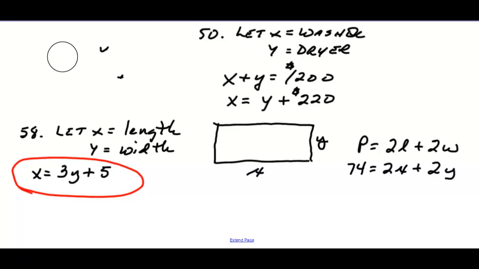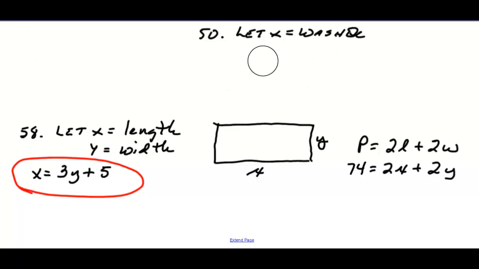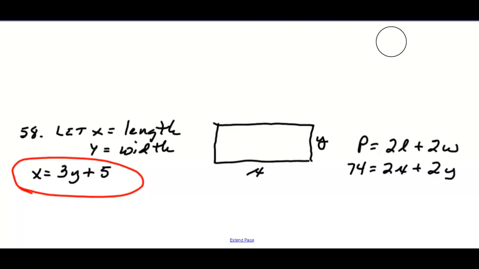We're going to take a look at the top of page 605 at problem number 60. In problem number 60, a business and finance problem, it said the cost of an order of 10 computer disks and 3 packages of paper is $22.50. All right, so for number 60, we'll have to let x equal something.